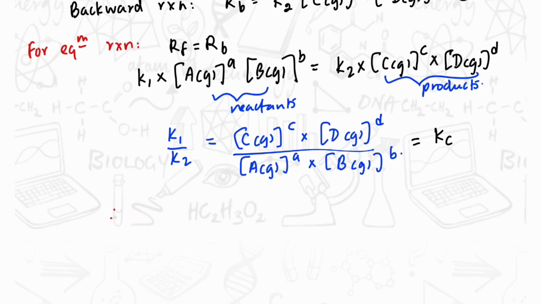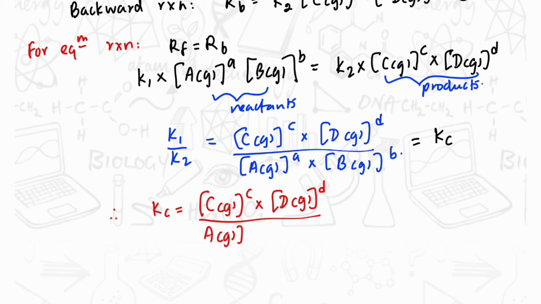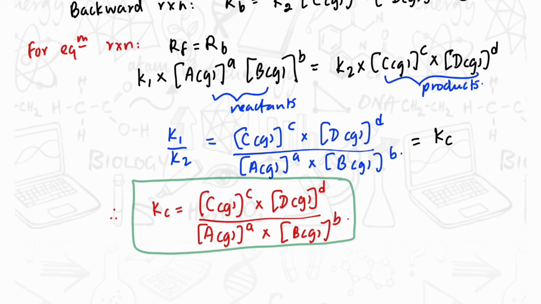Therefore, finally, we can write the Kc expression as [C]^c [D]^d divided by [A]^a [B]^b. So this is the equilibrium constant in terms of concentrations.